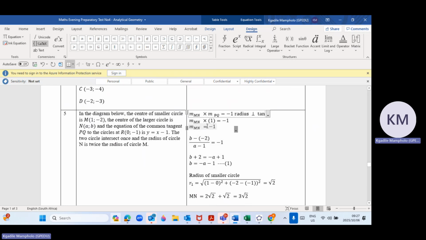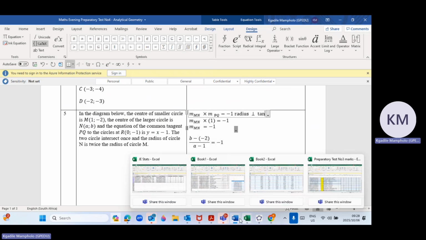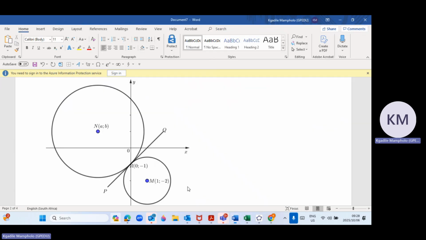We know the gradient. So we say b, which is y of N, minus y of M. Remember, y of M here we know it. Y of M is -2.